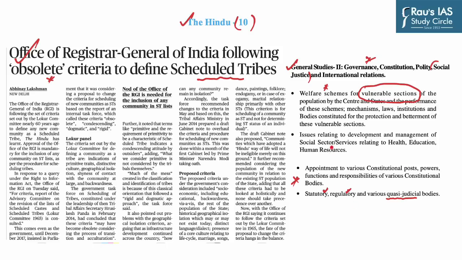So here in this article, we will discuss what is the present procedure to include a community into this list. Second, we will see what is the criteria that is being followed right now. Then we will see what the government has done to improve upon this and what is the present status and suggestions regarding the same. So let's begin the discussion.